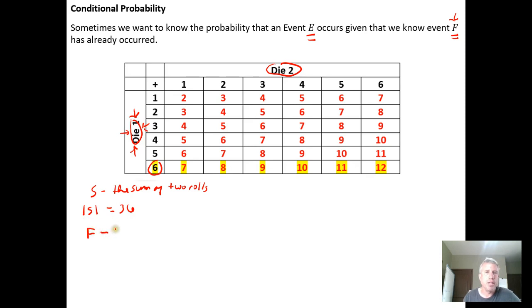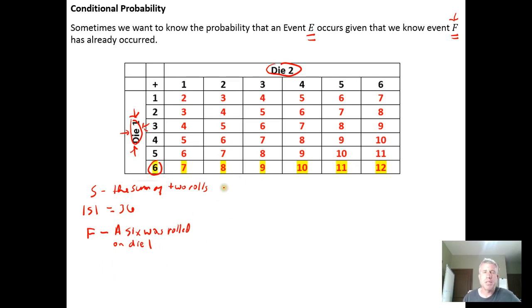So F could be a 6 was rolled on die 1. So we rolled a 6. Okay, so if a 6 is rolled, you can see there's only 1, 2, 3, 4, 5, 6 possible sums that you can construct with that 6 having been rolled.